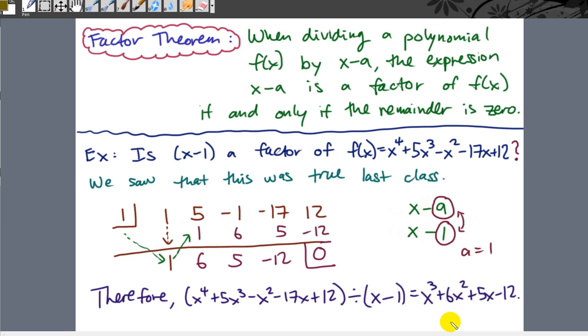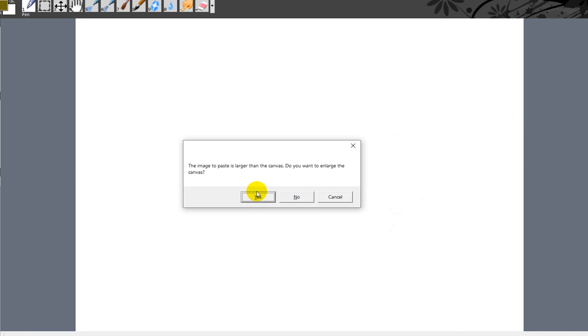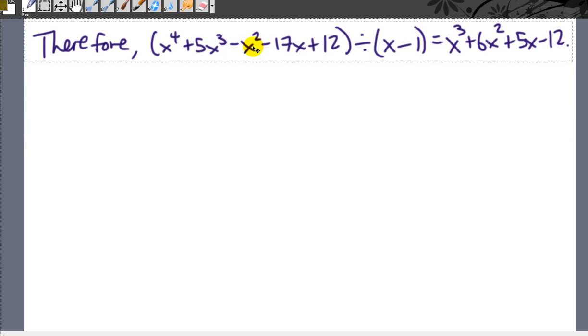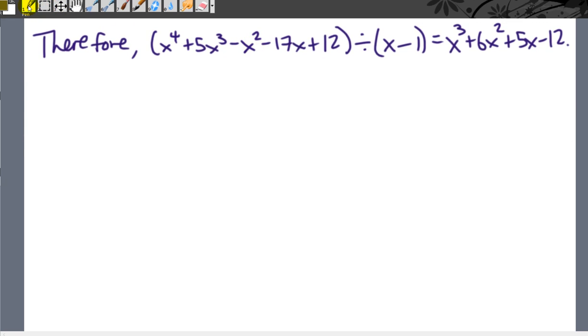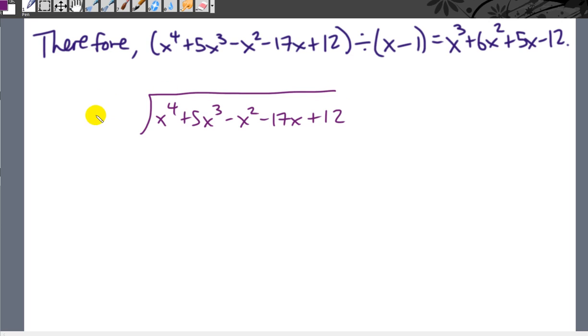Let's take this down here and expand on it a bit. We started with x raised to the 4th plus 5x cubed minus x squared minus 17x plus 12, and dividing that by x minus 1 gives x cubed plus 6x squared plus 5x minus 12.